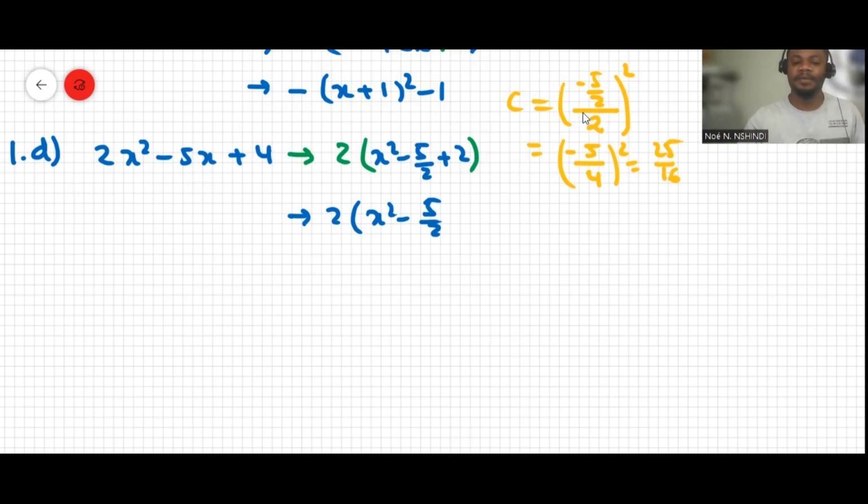Now I am going to add 25 over 16 there, or I can say negative 5 over 4 to the power of 2, better that way. Then I have to use square brackets here.